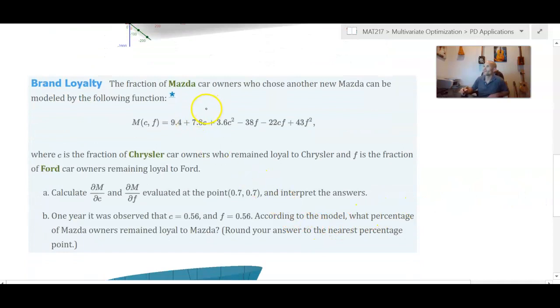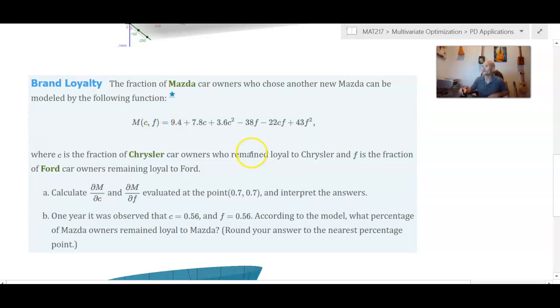The fraction of Mazda car owners who chose another new Mazda can be modeled by the following function. So M represents the fraction of people who used to own Mazdas who, when they bought their new car, bought another Mazda.